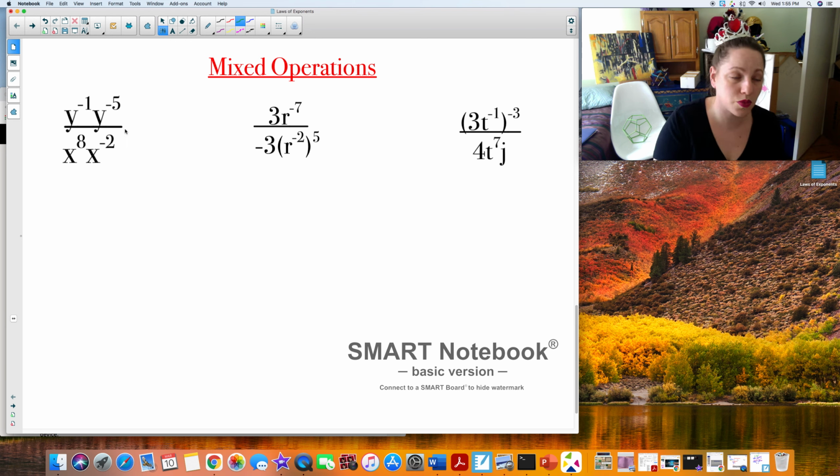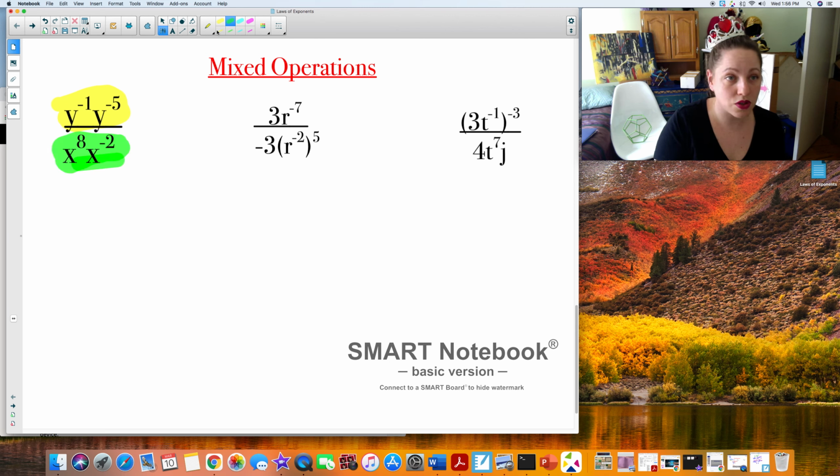So in my first one here, I want to look to see if I have coefficients. I don't. Do I have any parentheses with an exponent outside? I don't. So I want to simplify the group that is the top. So I'm going to simplify this first together, and I'm going to simplify this together because that can be simplified.